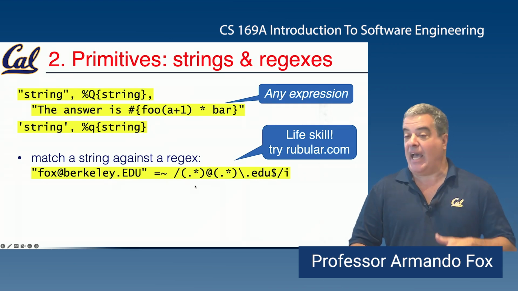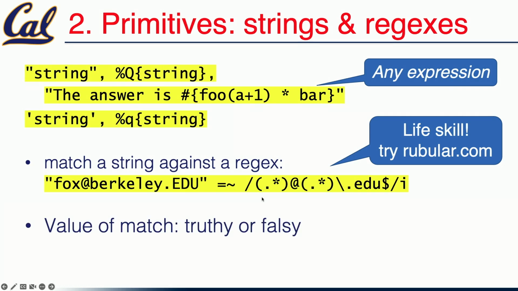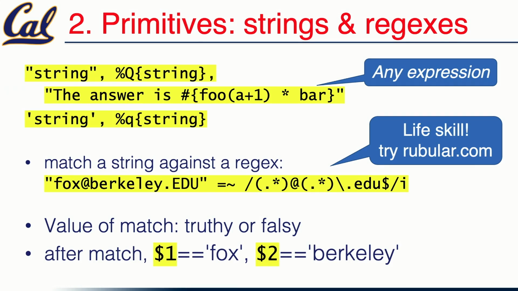And the parentheses, as you no doubt remember, or you'll review on rubular.com, serve to capture parts of the match. So in this case, if the match succeeds, this expression is going to have a truthy or a falsy value. If the match actually worked, you'll get a truthy value. If it didn't work, you'll get a falsy value. And when you get a truthy value, the global variables $1, $2, and so forth are set to match what each part of the parens matched.